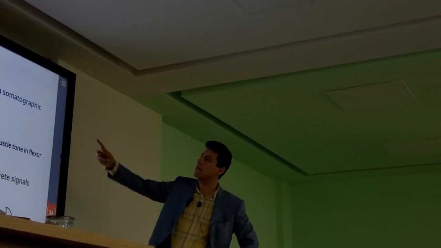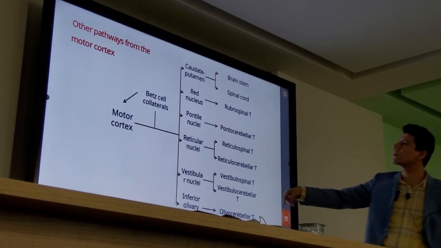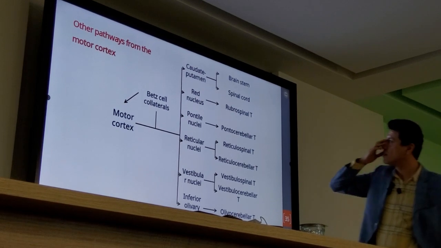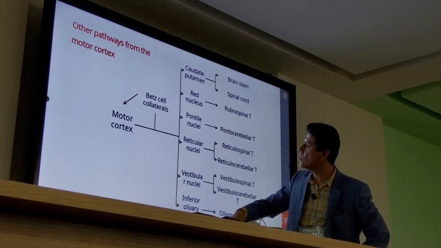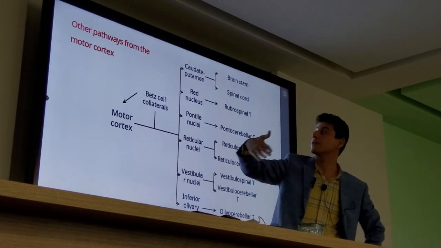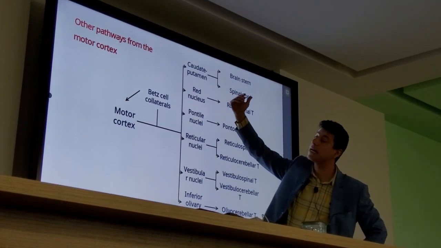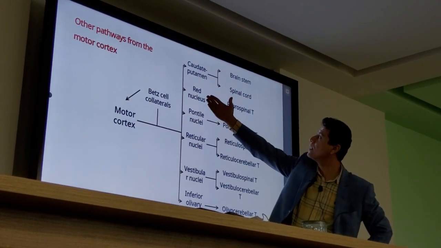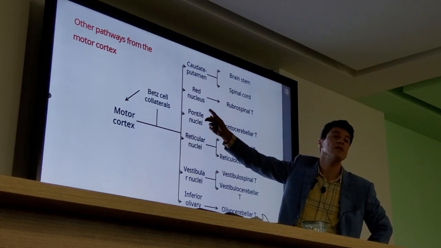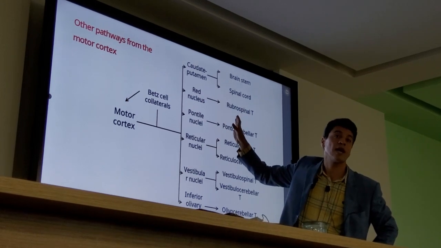So, okay, I mentioned this. And these are also other pathways from the motor cortex. Besides the corticospinal tract, we have some other neurons from the motor cortex that go to the basal ganglia. Some others go to the red nucleus, rubrospinal tract. Motor cortex can also activate pontine nuclei, so it has some connections with the pontine reticulospinal tract.